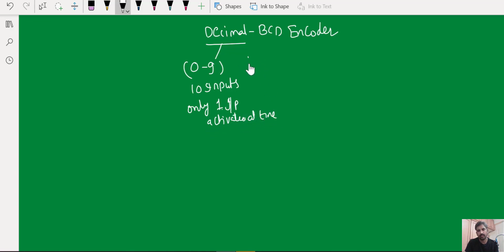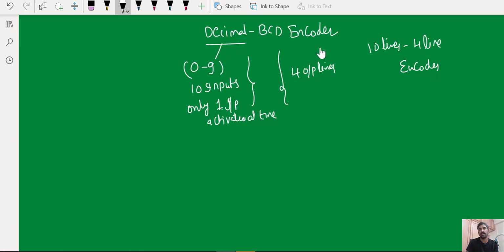And if you look at the input side and output side, you are supposed to have 4 output lines. So you can call this a 10-line to 4-line encoder, which is encoding decimal numbers 0 to 9 to the binary or BCD numbers, or you can also call it the binary equivalent.